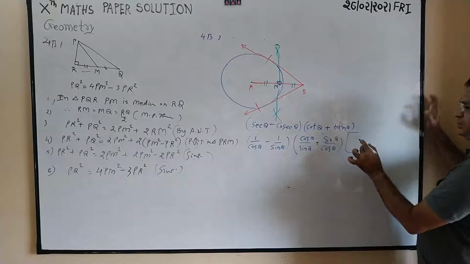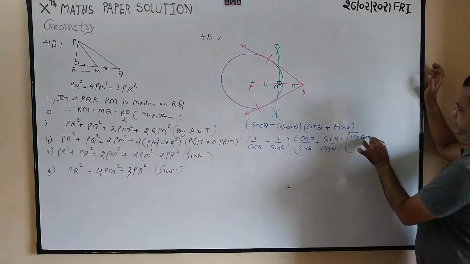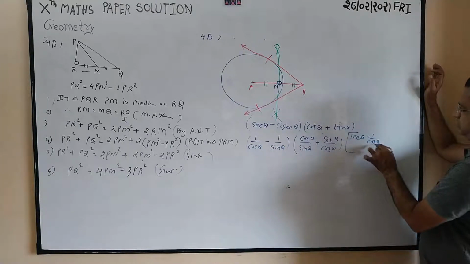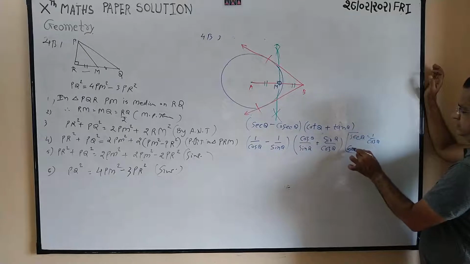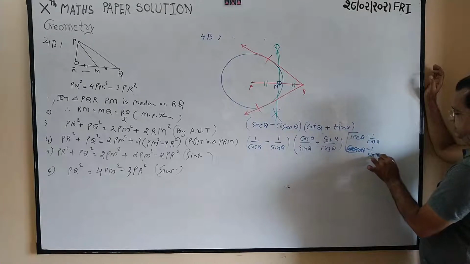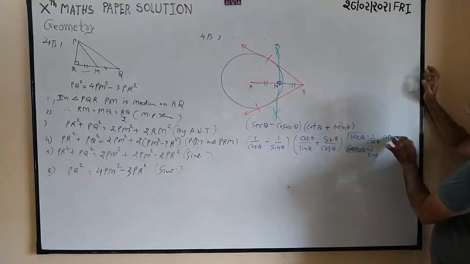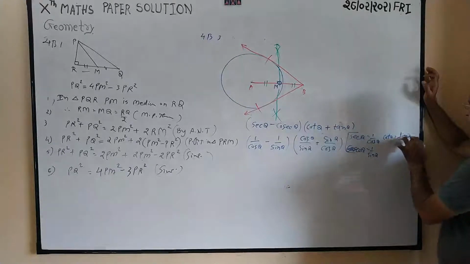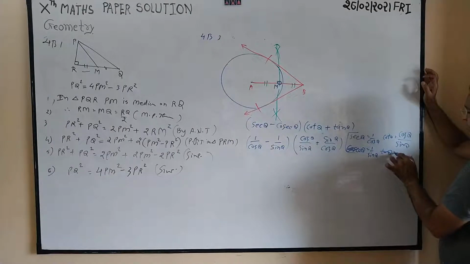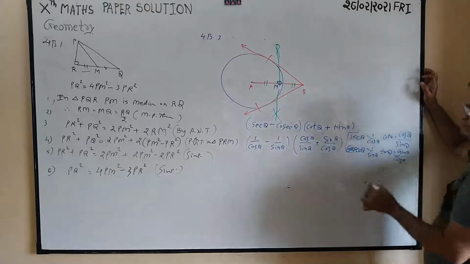Write down all the reasons. Sec theta is equal to 1 by cos theta. Cosec theta is equal to 1 by sin theta. Cot theta is equal to cos theta by sin theta. And tan theta is equal to sin theta by cos theta.